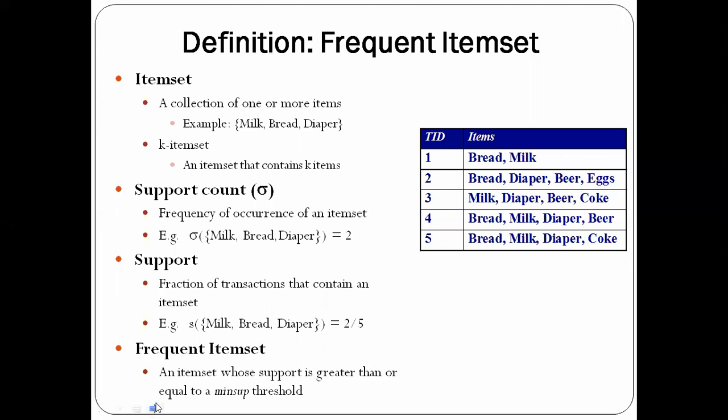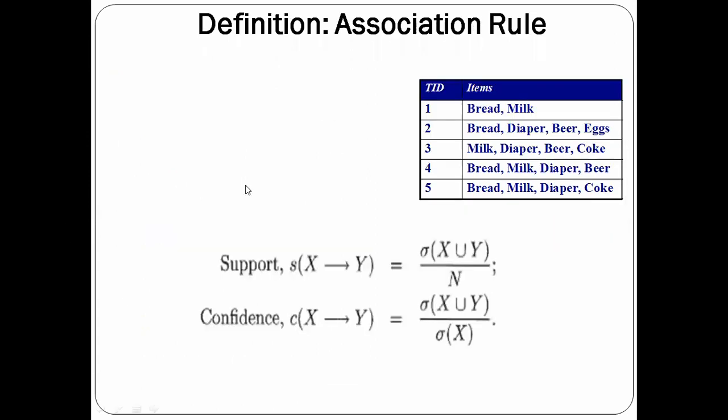In this example, the user's minimum support is 50%, but for this item set you have calculated 2 by 5, that is 40%. Since 40% is less than 50%, it will not become a frequent item set. So a frequent item set is an item set whose support is greater than or equal to the minimum support threshold given by the user.